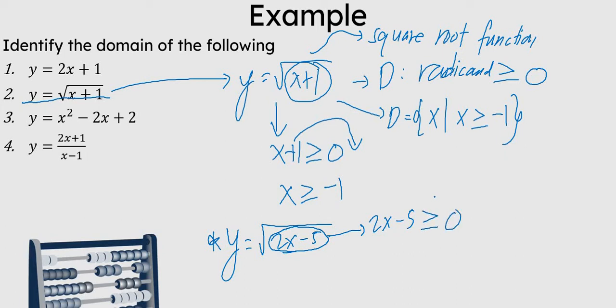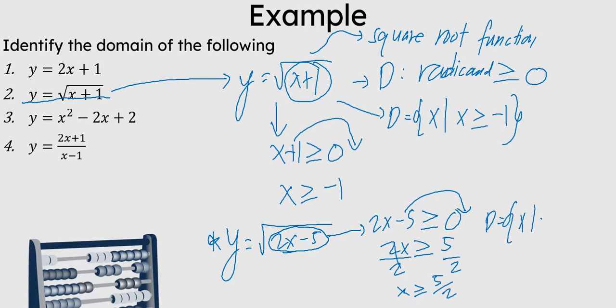And just like solving an equation, we transpose. Therefore, we'll have 2x is greater than or equal to 5. Divide both sides by 2. x now will be greater than or equal to 5 halves. Our final answer is the domain is the set of all x such that x is greater than or equal to 5 halves.